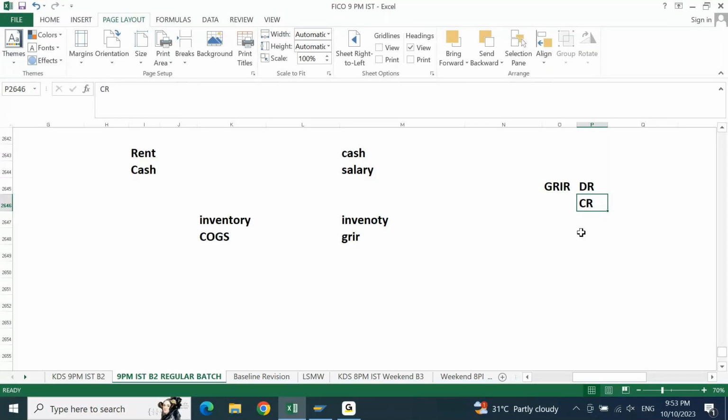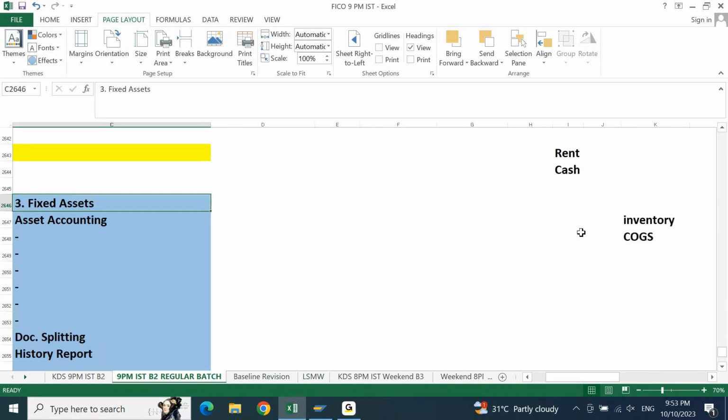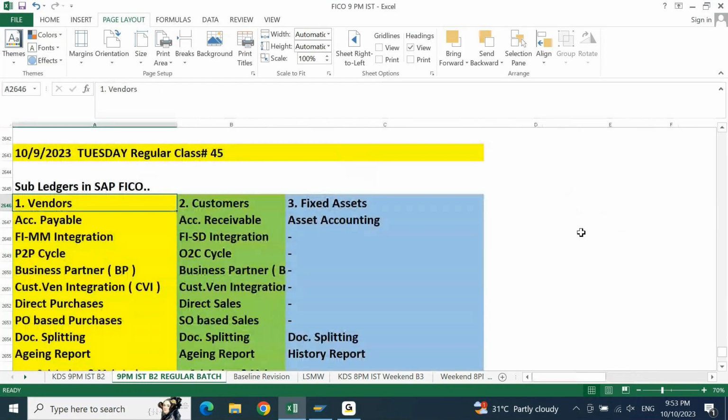The same clearing we also call offsetting, netting, net off, knock off, offset, clear, match off. Different terminologies are used, but the logic is one and the same. If a transaction has a dual effect, debit or credit, then we call it clearing. If not, then it would be an offset. Okay, got it, sir. Thank you.